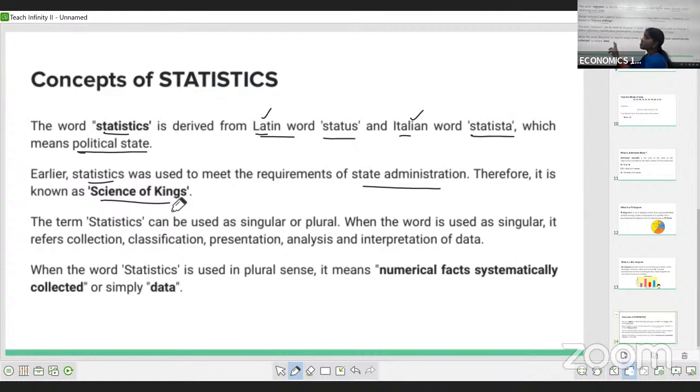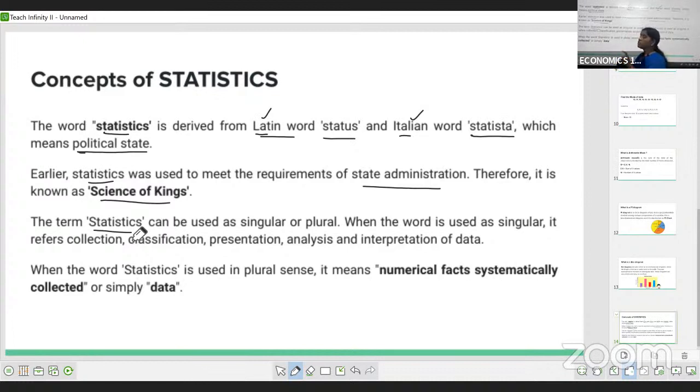Then the meaning we observed. Then we have the next one, the term statistics. This term can be used as a singular as well as a plural form.